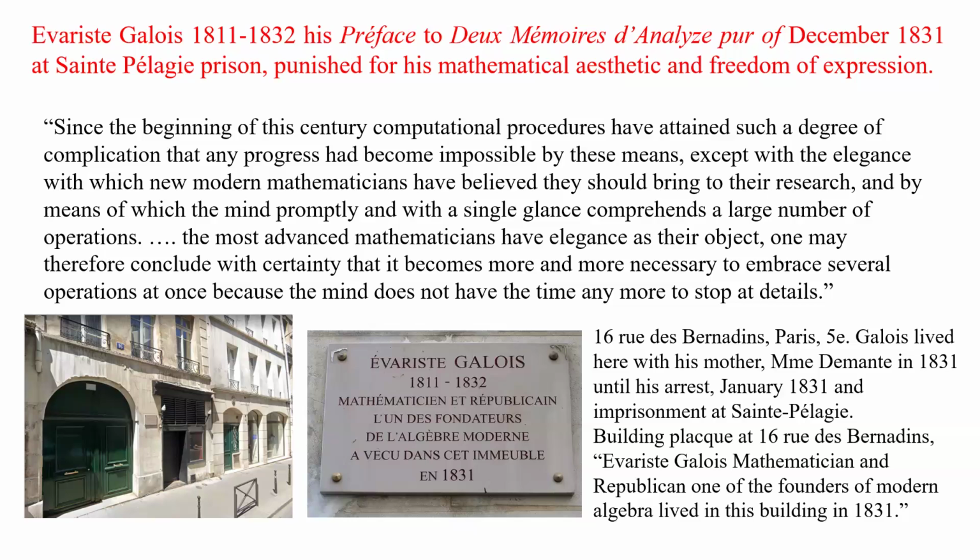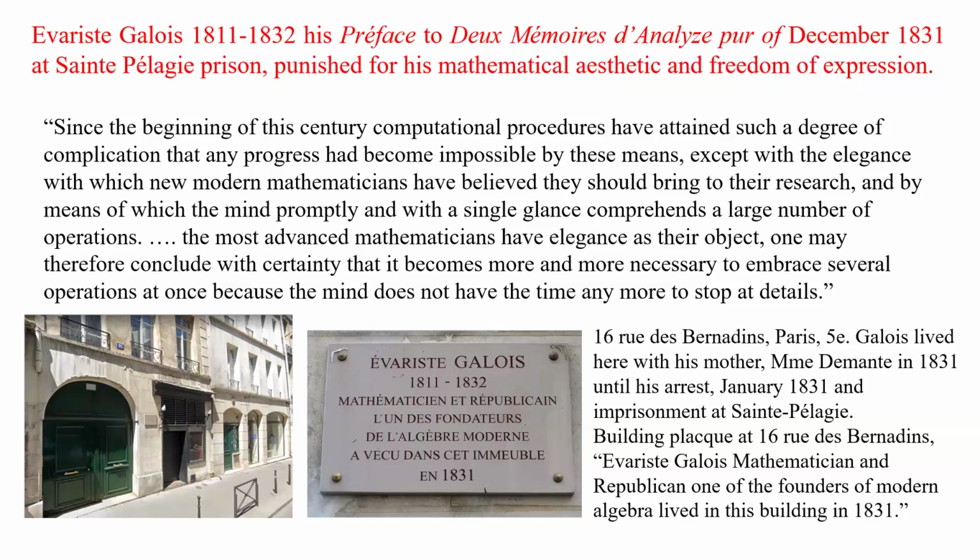Since the beginning of this century, computational procedures have attained such a degree of complication that any progress had become impossible by these means, except with the elegance with which modern mathematicians have believed they should bring to their research, by means of which the mind promptly and with a single glance comprehends a large number of operations.